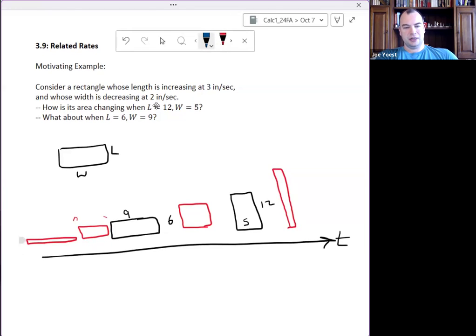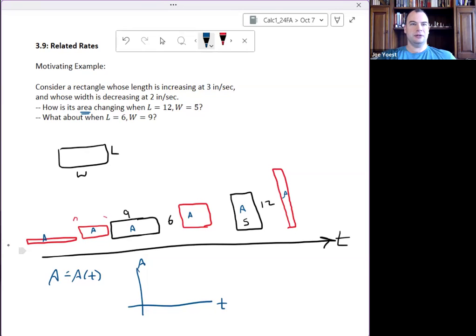We can also imagine that in each of these snapshots, there's an area. And this area is going to be a function of time. The area is the thing that we're asking about. In fact, if I graphed area as a function of t, way off to the left, I have in the extreme a rectangle that's pretty wide but has 0 height.